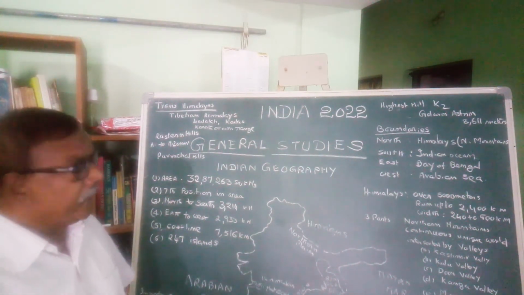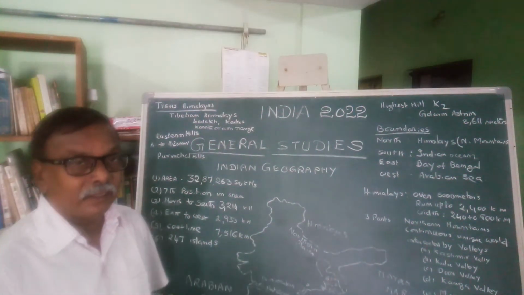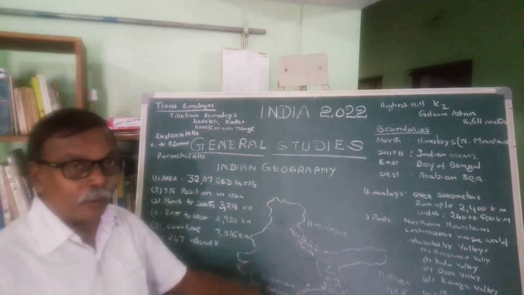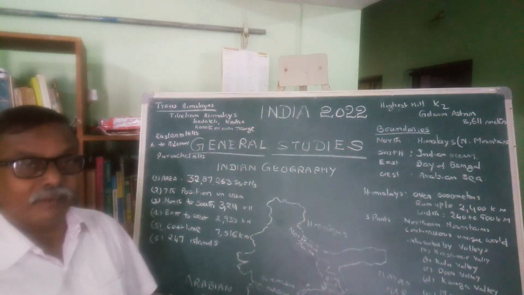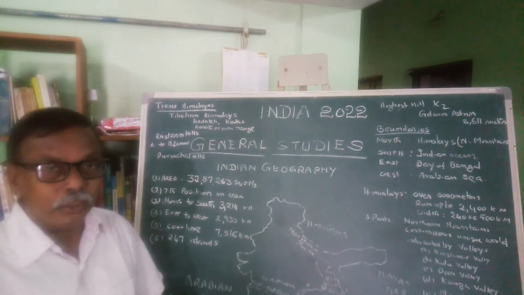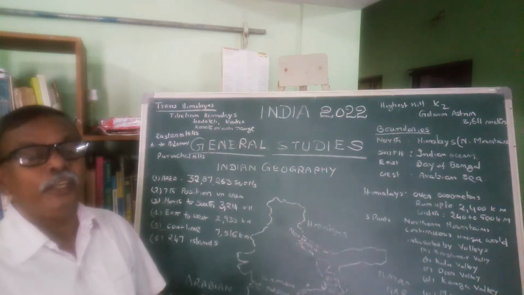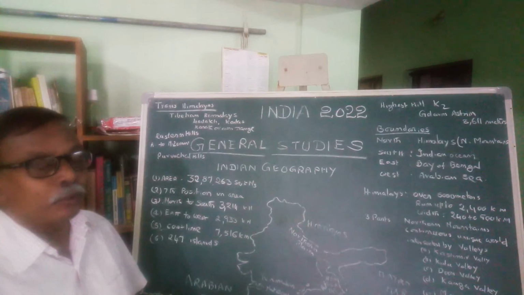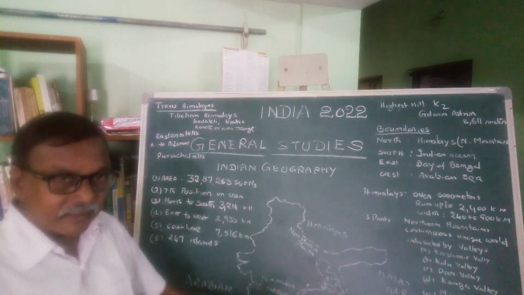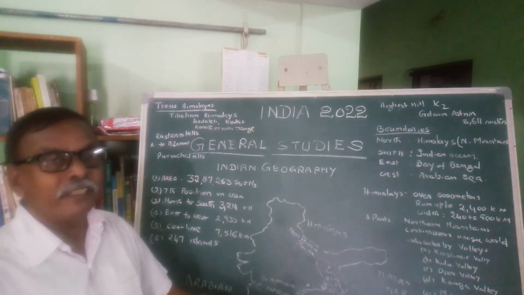In the Andaman and Nicobar Islands, the southernmost part is Indira Point, situated in Great Nicobar Island. In the 2004 tsunami, this place was submerged in the sea.